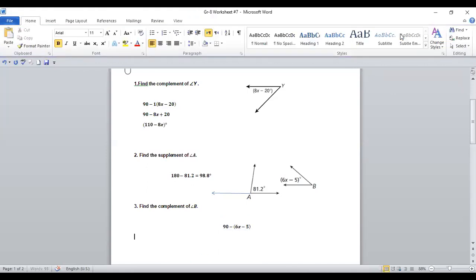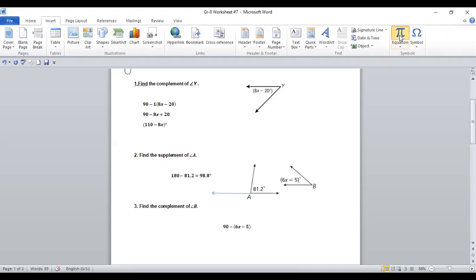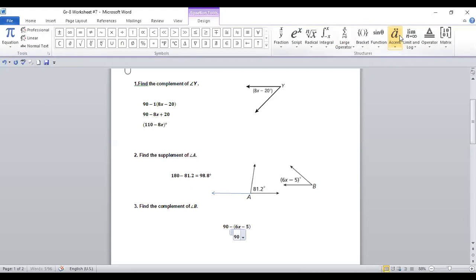So just how you solve an expression, that's all. So 90, you're just going to write 90 minus 6x, going to be the same 6x, and it's going to be plus 5 as I explained to you in the previous question. It is going to be a negative 1 here, so negative 1 multiplied by negative 5 is going to give you a positive 5.